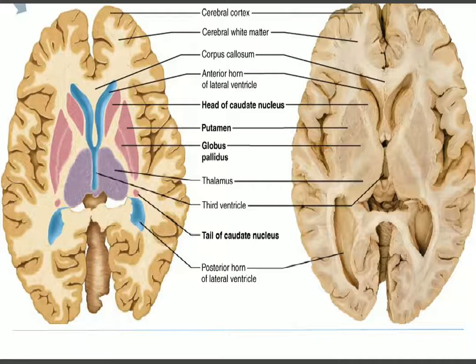This figure we have already discussed. It shows the relations of the corpus callosum, the caudate nucleus and the thalamus with the lateral ventricle. This in blue is the lateral ventricle, and these are the related structures: this is the corpus callosum, this is the caudate nucleus, this is the thalamus.